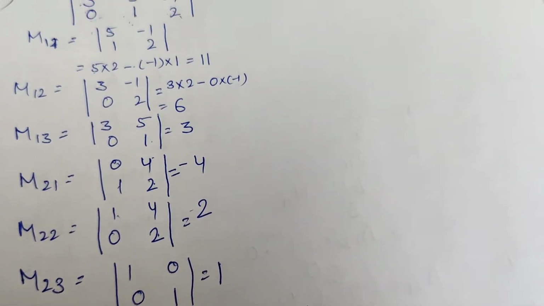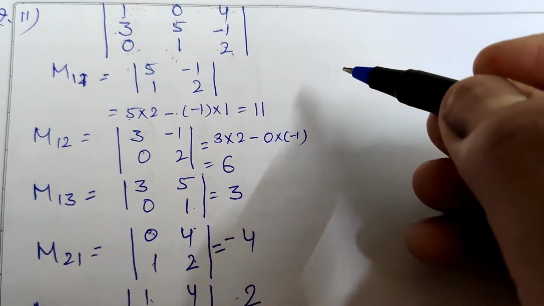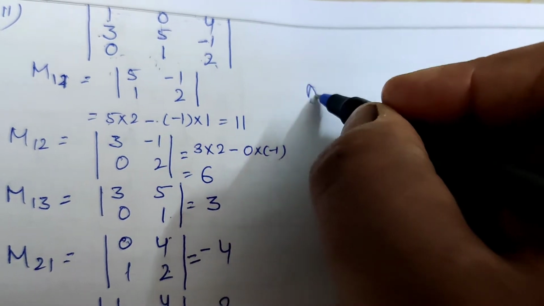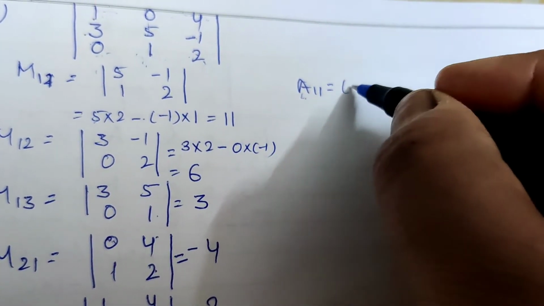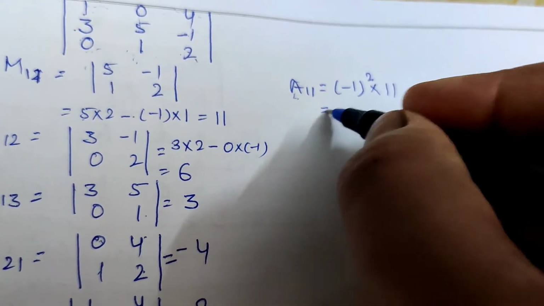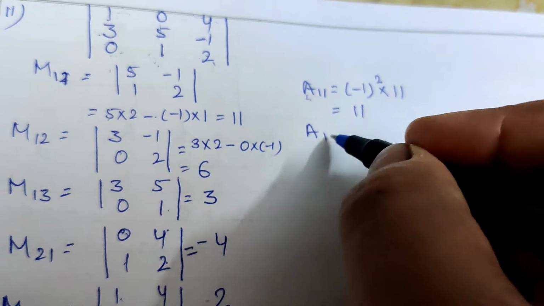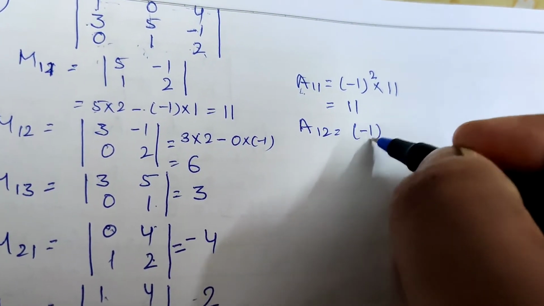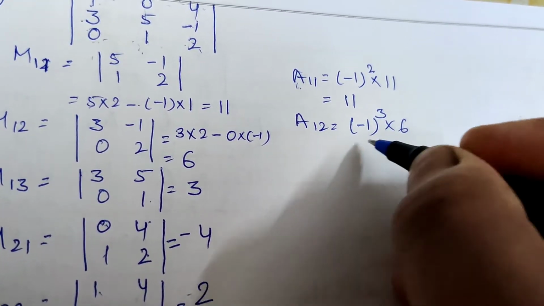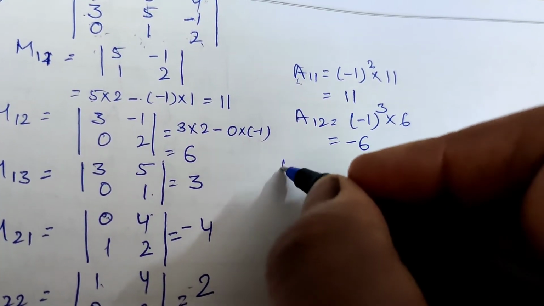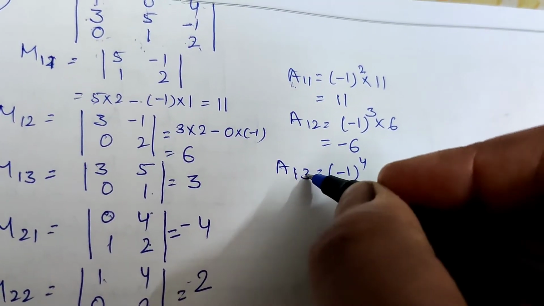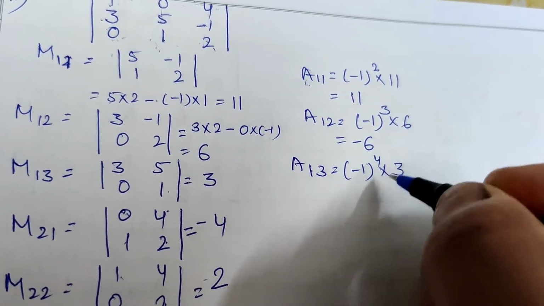Okay. Now cofactors. Cofactor A11 is minus 1 raised to power 2 into M11, it means 11. A12 is minus 1 raised to power 1 plus 2, 3, and into 6. It is minus 6. A13 is minus 1 raised to power 4 into 3.